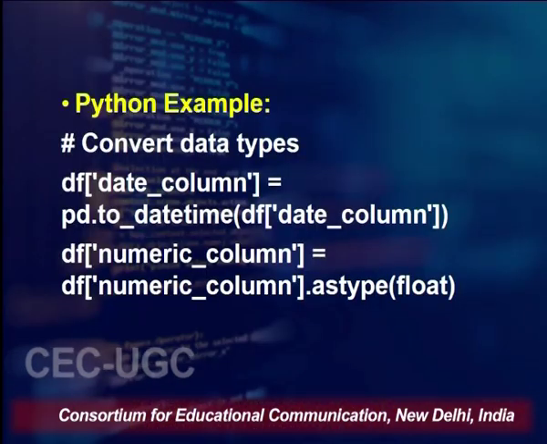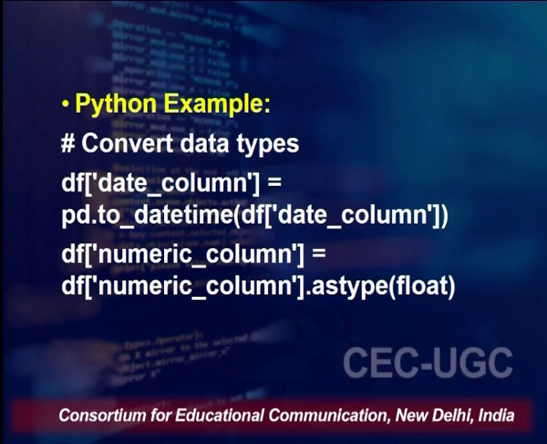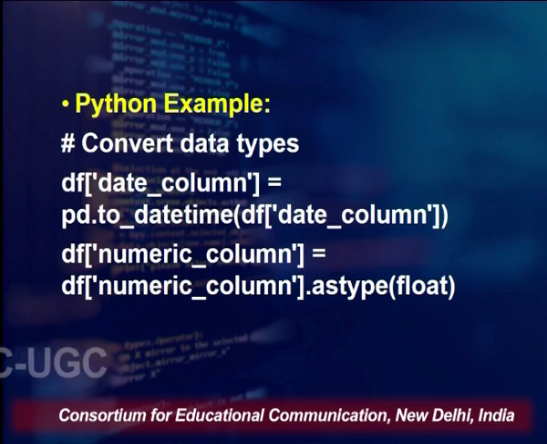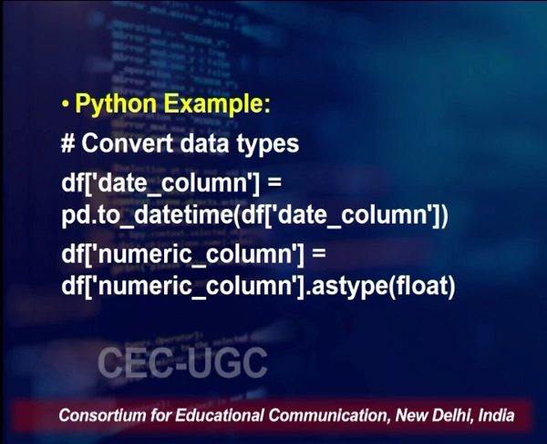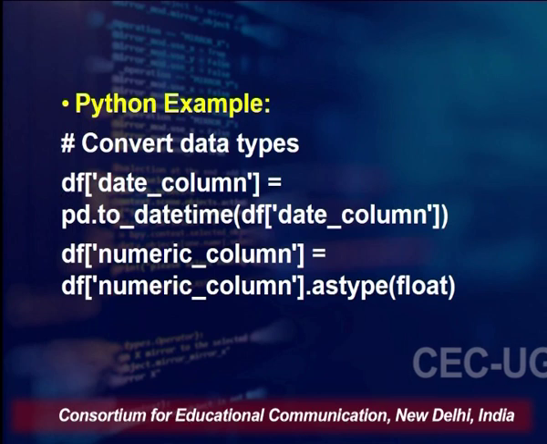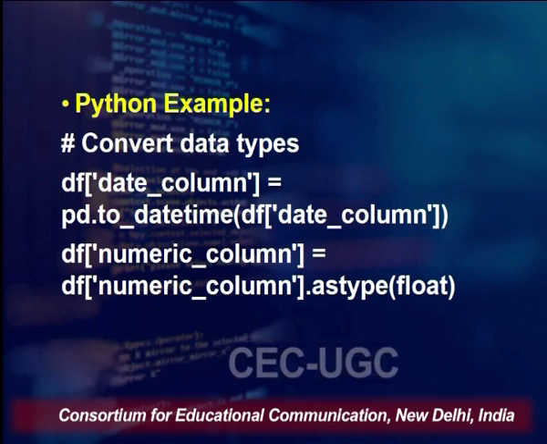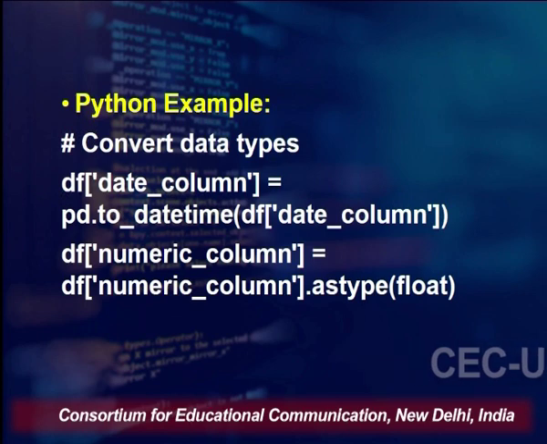For this, a simple Python code can be used, where we choose the data set and the date column and we convert the string into date and time format, or you convert the number into a floating point format. Basically, we are changing the type of the data.